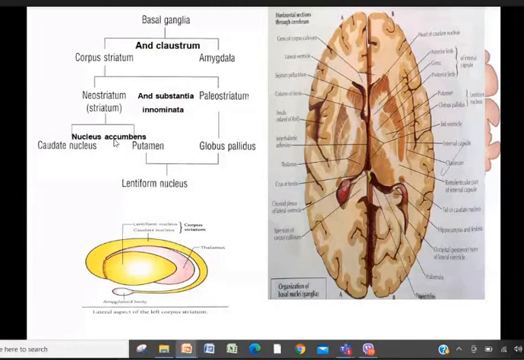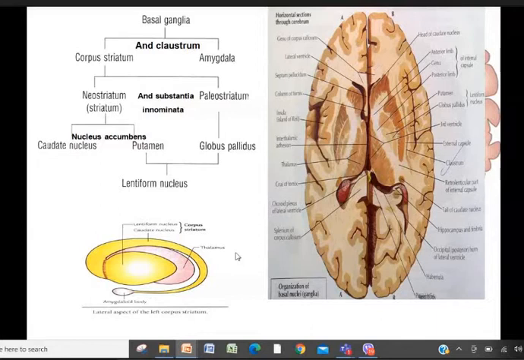Together these are known as the lentiform nucleus. Just for summary, or to memorize, remember caudate nucleus, putamen, globus pallidus, after that claustrum and amygdaloid body. These are the parts of basal ganglia, and they are gray matter present in the cerebral hemisphere.